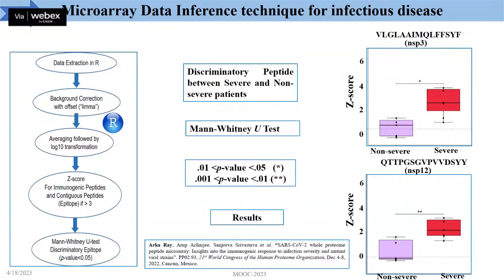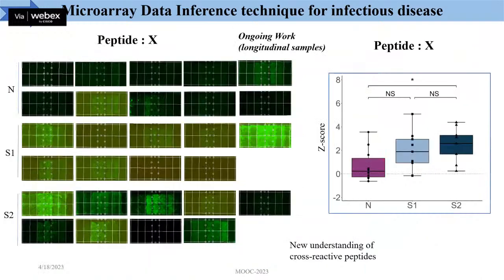Otherwise, you could use Python as well, since Mann-Whitney is also available in Python. But the researcher should decide which statistical significance test to use, parametric or non-parametric. As we are dealing with non-parametric data, we are using the Mann-Whitney test. Now, after that, this is our new work.